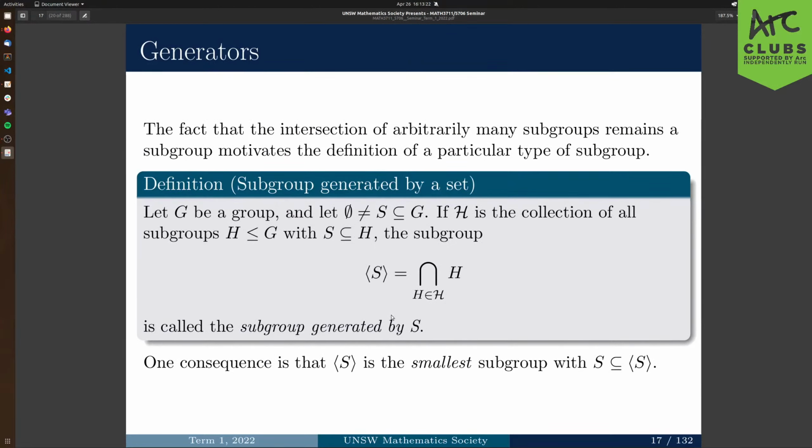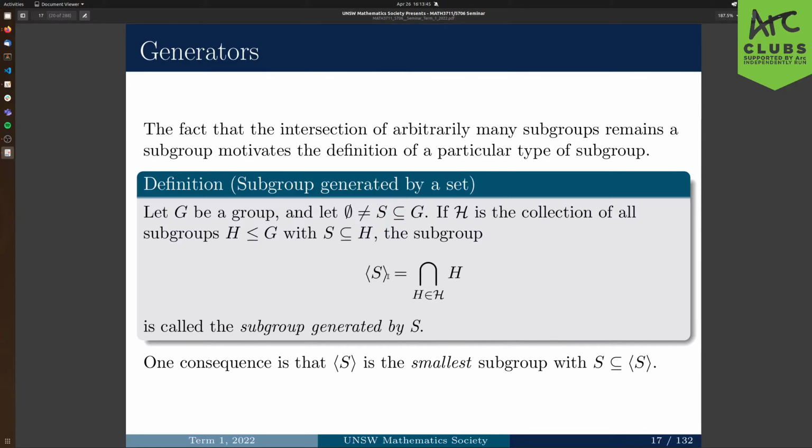So moving on, now we can talk about more interesting types of subgroups. One natural thing you might think is, what if I start with some subset of my group? Maybe it's not necessarily a subgroup in its own right, but I'm interested in finding a subgroup that contains all of these elements. How can I find one?